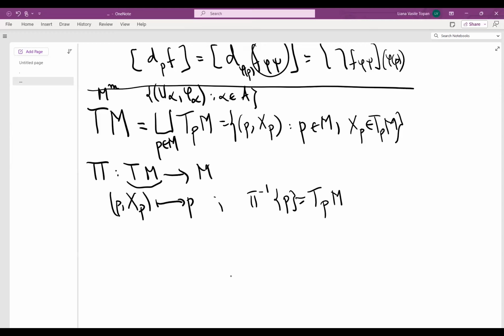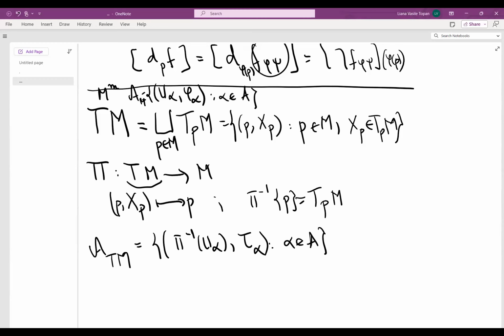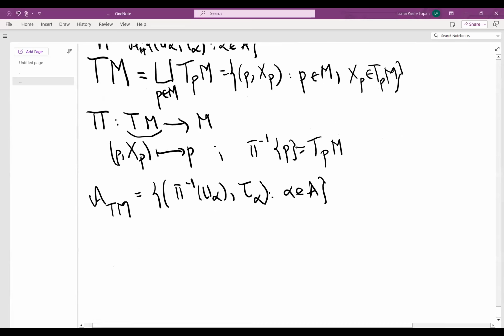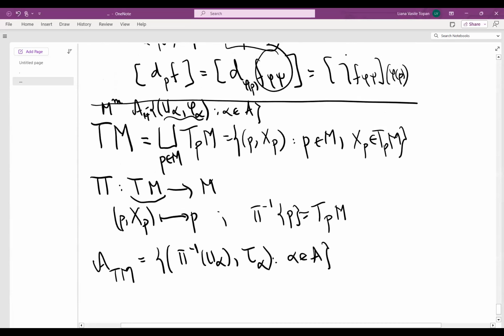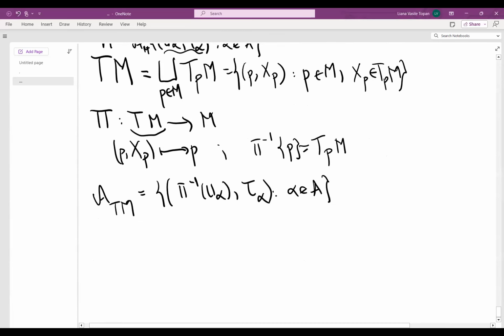So say this is an atlas on M, then an atlas on this tangent bundle is given by something like this. The domains of the charts are pi inverse of U alpha, and the homeomorphisms we denoted by tau alpha. Every chart on M will induce a chart on the bundle.